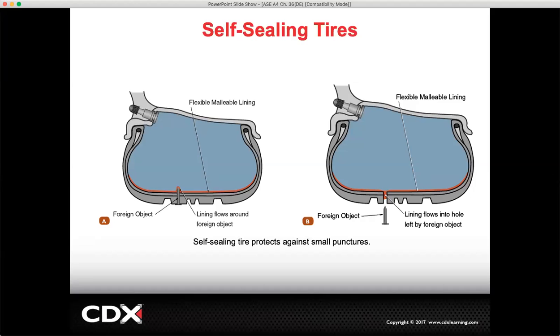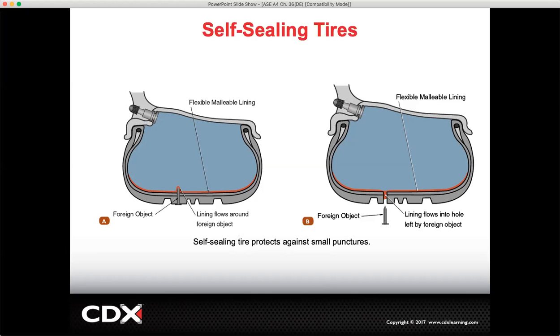It features standard tire construction with the addition of a flexible and malleable lining inside the tire in the tread area, to provide a seal around the object when the tire is punctured, and then fill in the hole in the tread if the object is removed.